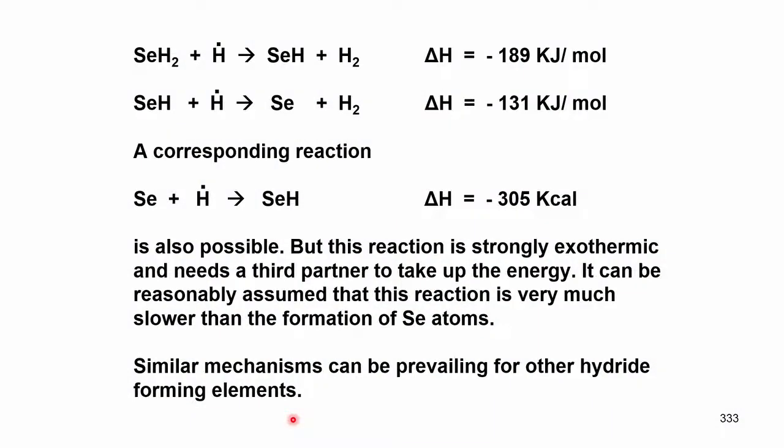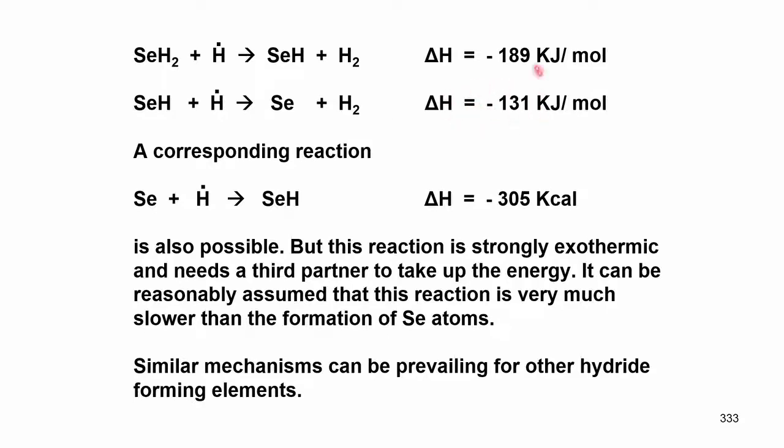So, now we have an SeH2 radical, that is selenium hydride. This selenium hydride will react with a hydrogen radical to form selenium monohydride and a hydrogen molecule. The heat of reaction is about minus 189 kilojoules per mole. And this SeH, selenium monohydride, can react with another hydrogen radical to form the metal atom and hydrogen.